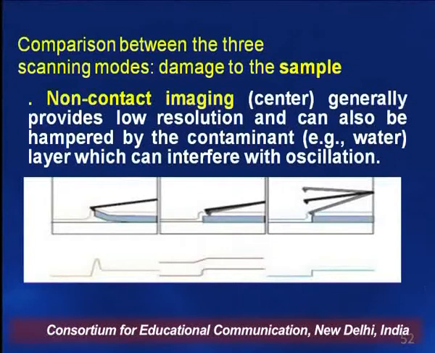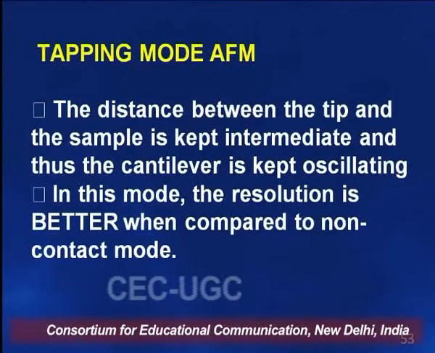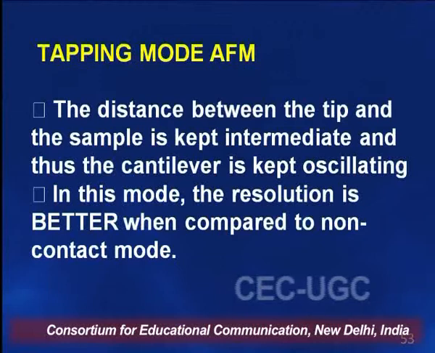So this is the drawback of the non-contact mode. Images can be damaged because of this, so we have to be very careful. We have to set all the experimental conditions to get the imaging of the surface using the non-contact mode. And next, which is most important, is the tapping mode AFM.